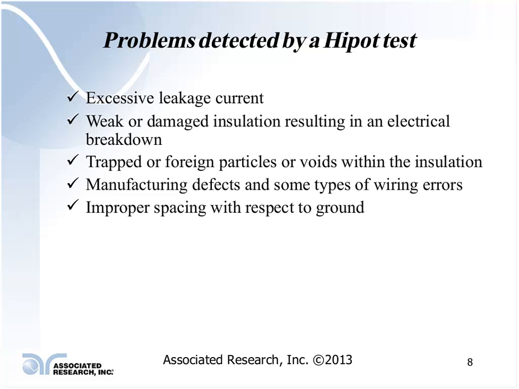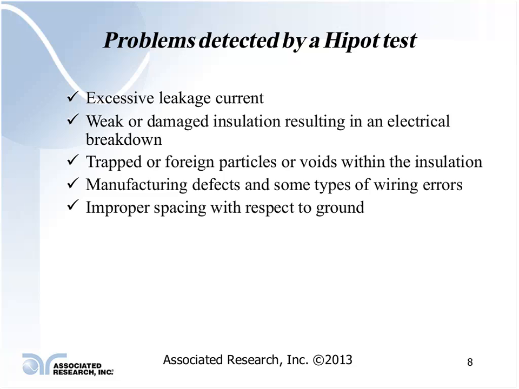But anyway, weaker or damaged insulation resulting from an electrical breakdown. This is a type of defect that we try to find by doing a Hipot test. Foreign material, or voids within the insulation itself, these types of defects can be found during a Hipot test.